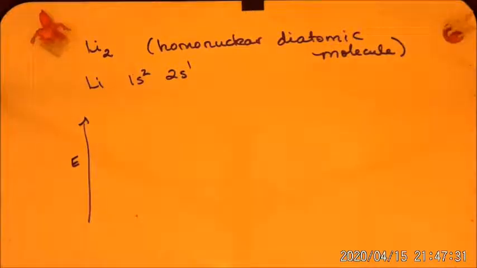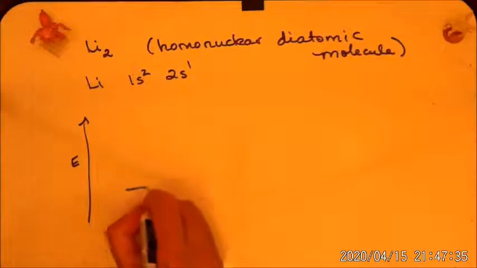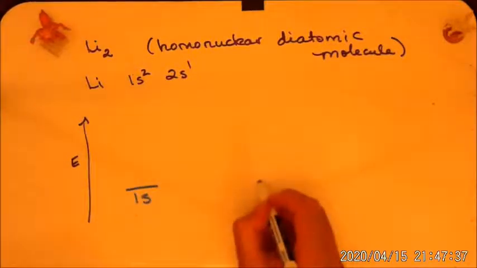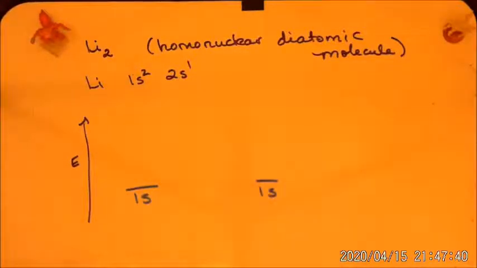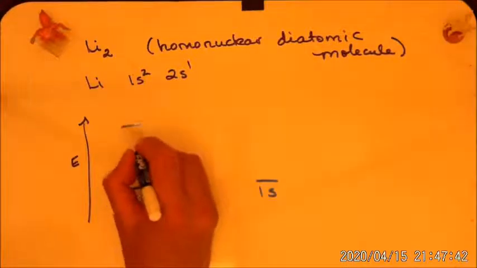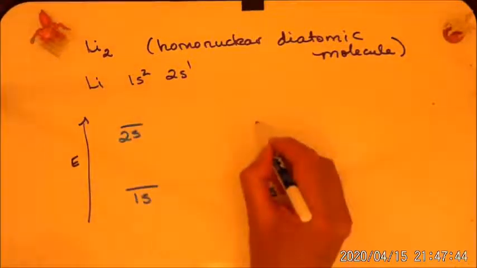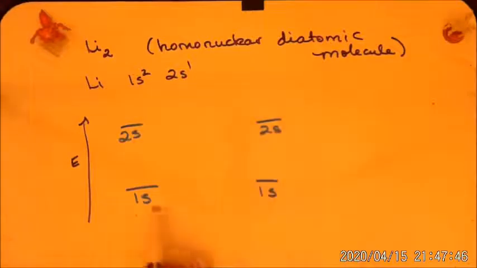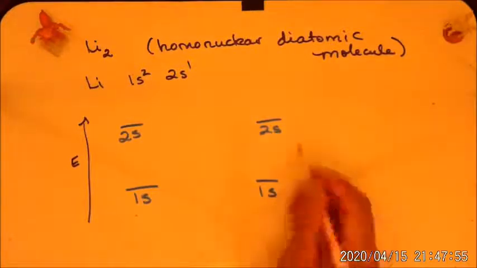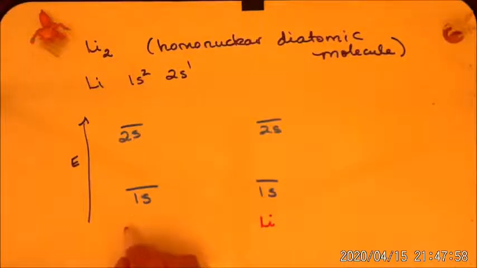So we have 1s, 1s, and then we have 2s, 2s. And because they're exactly the same atom, my levels are exactly the same. So this is going to be lithium, and this is lithium.